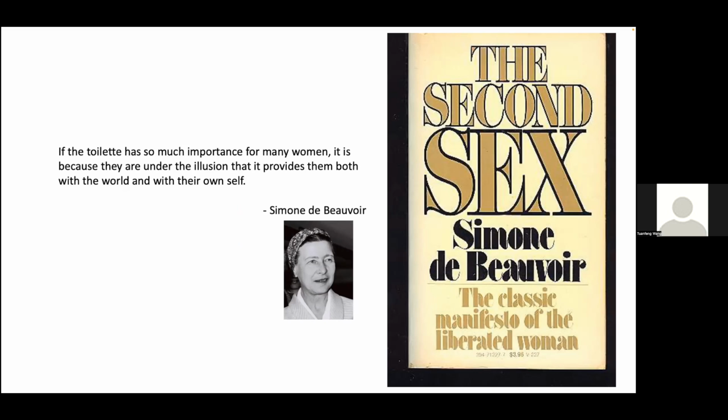She said, if the toilet has so much importance for many women, it is because they were under the illusion that it provides them both with the world and with their own self. Here toilet means dress or clothes, something people wear. I think this is also true for everyone, men and women.